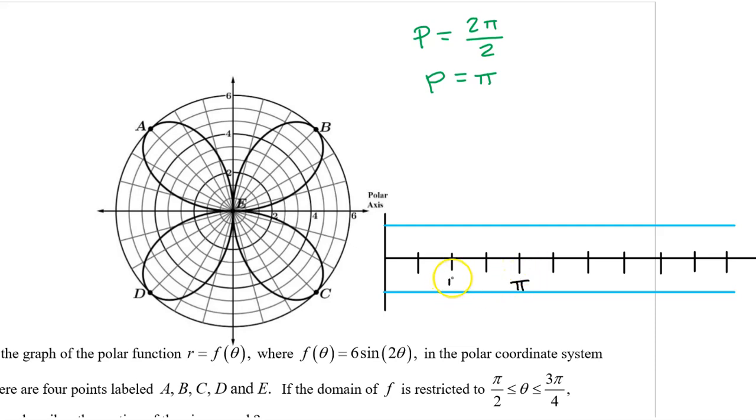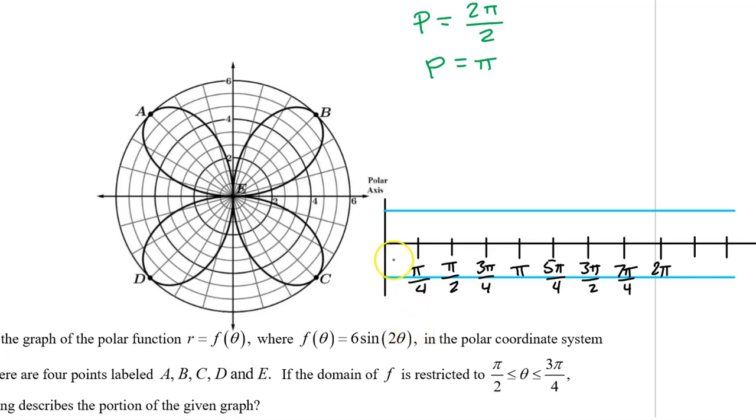Half of pi is pi over 2, half of that is pi over 4, and then I begin to count by pi over 4. This is 1 pi over 4, 2 pi over 4, 3 pi over 4, 4 pi over 4, 5 pi over 4, 6 pi over 4 is 3 pi over 2, 7 pi over 4, and 8 pi over 4 is 2 pi.